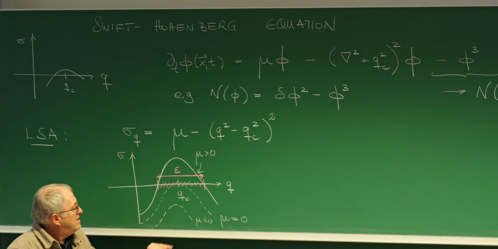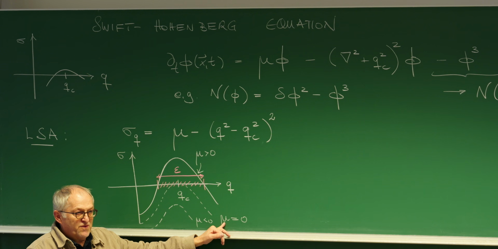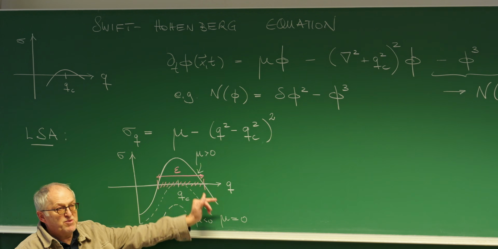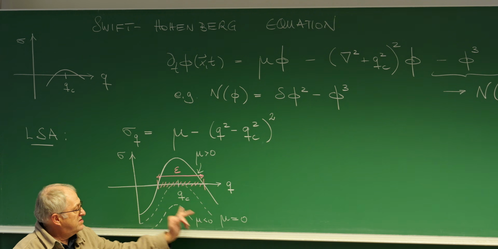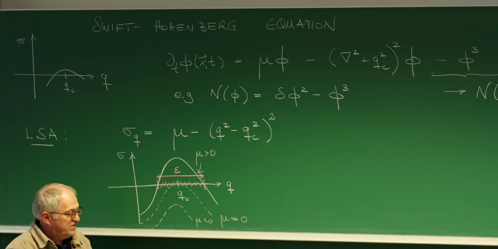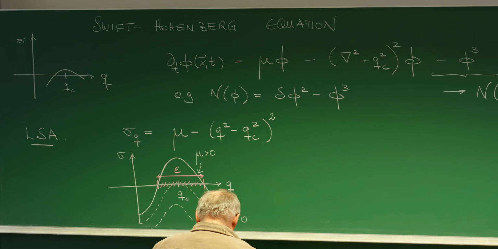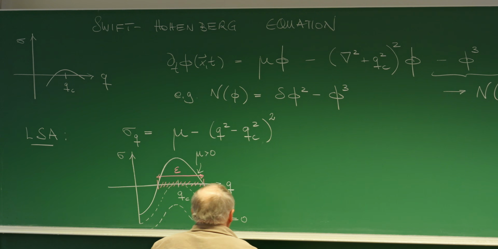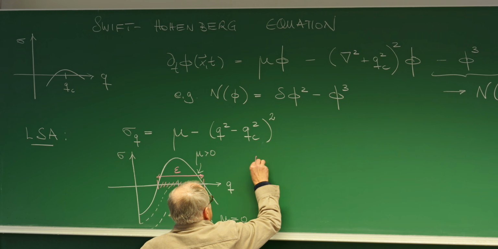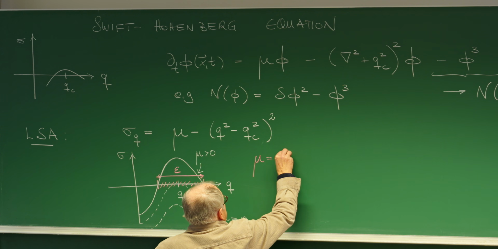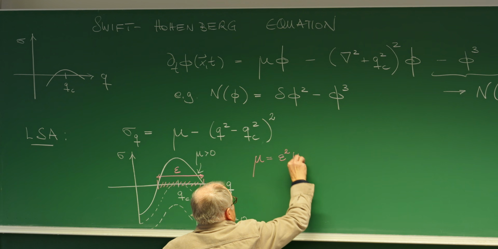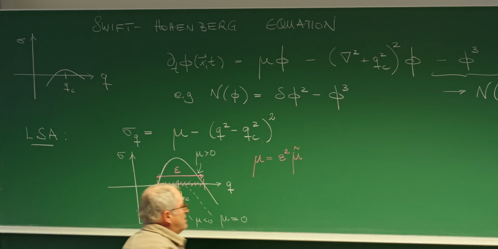Okay. The mu that you have here is not of order epsilon. It's of order epsilon squared because you have a parabola here, right? And so the mu that you change here turns into something that's of order epsilon squared. So naturally, you would then use a parameter where you say that our mu is epsilon squared times mu twiddle, which is now of order 1.